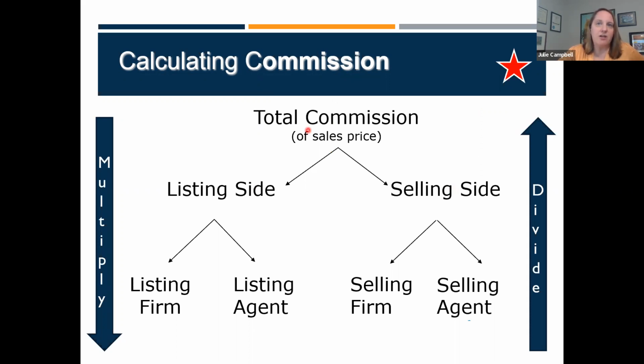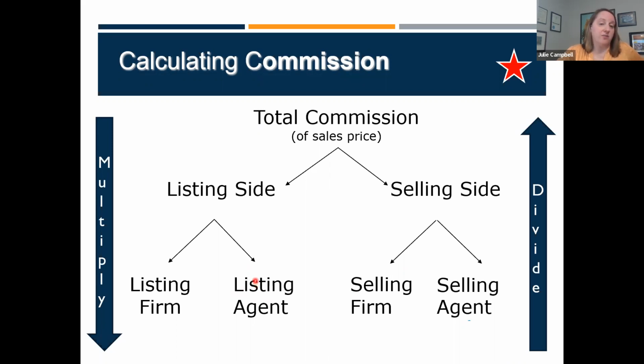However we split it, the two sides together equal the total commission. Once the side has been paid, we take it a step further and split the commission between the firm and the agent. So the firm gets paid and then they share their commission with the agent.